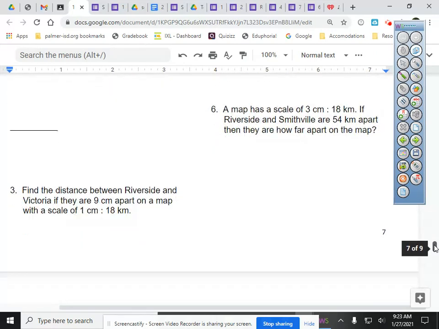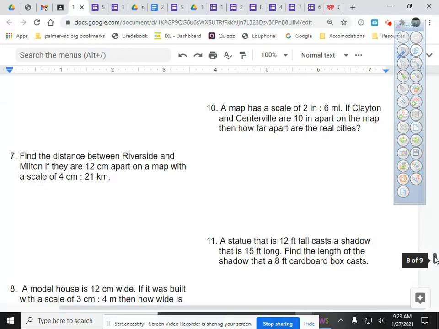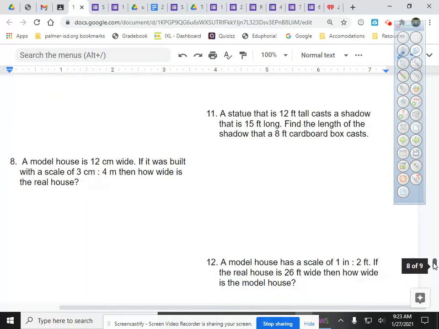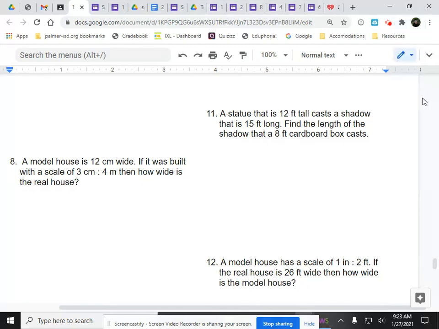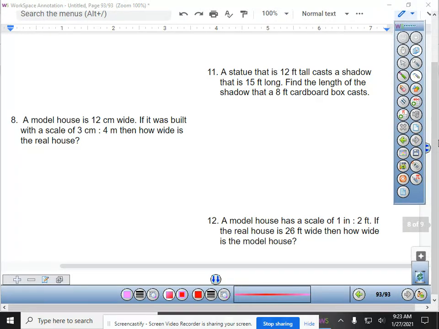Actually, there's some scale ones on here, and then there's some similar figures. Look at number 11. A statue that is 12 feet tall casts a shadow that is 15 feet long.